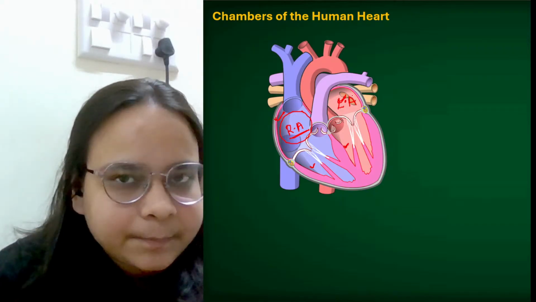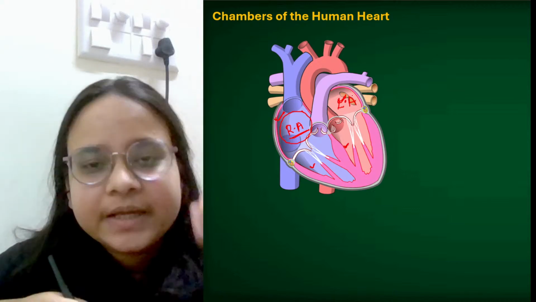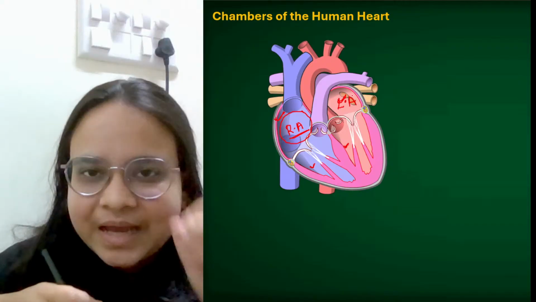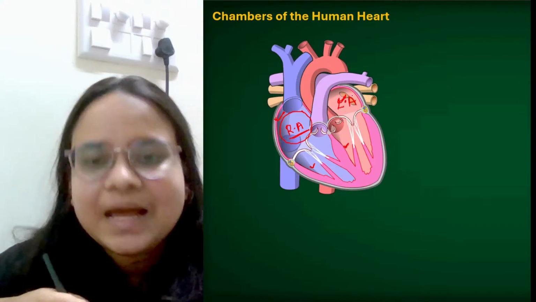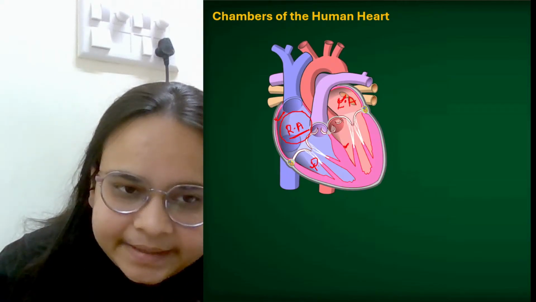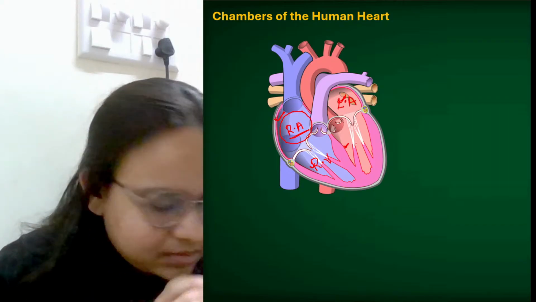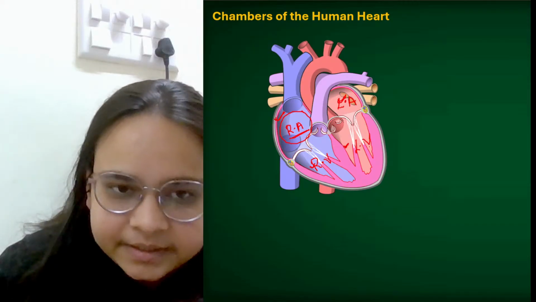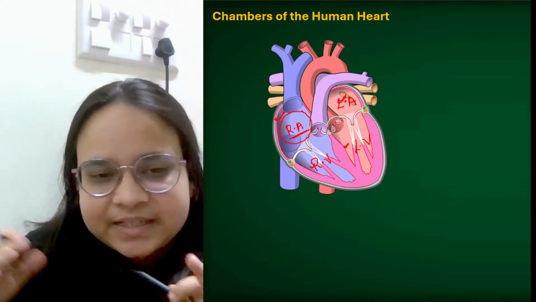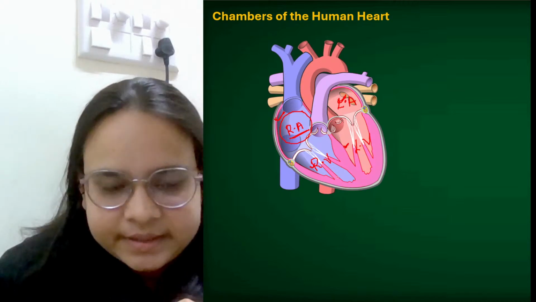Both are atria only, but according to their side and direction, we have named them right atrium and left atrium. Just below the right atrium we have the right ventricle, and just below the left atrium we have the left ventricle. Both are ventricles only; we are just mentioning the direction. These are atria and these are ventricles.